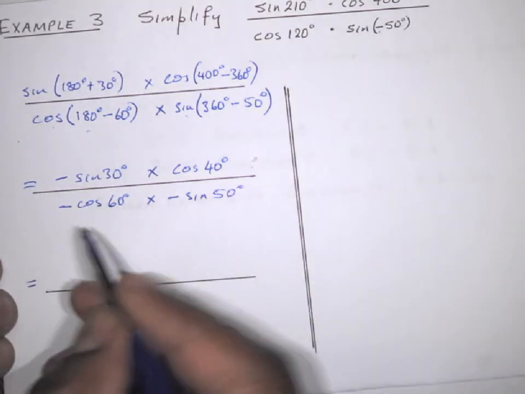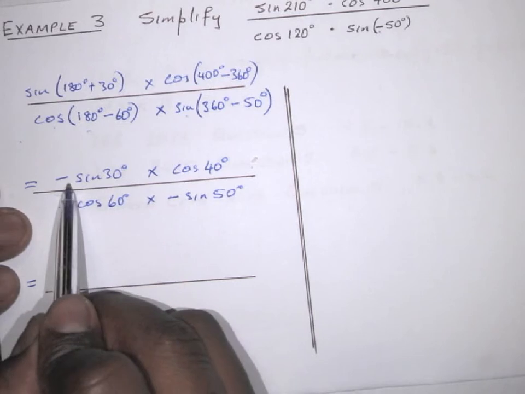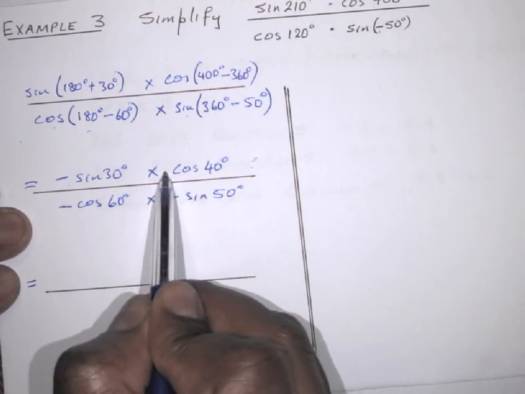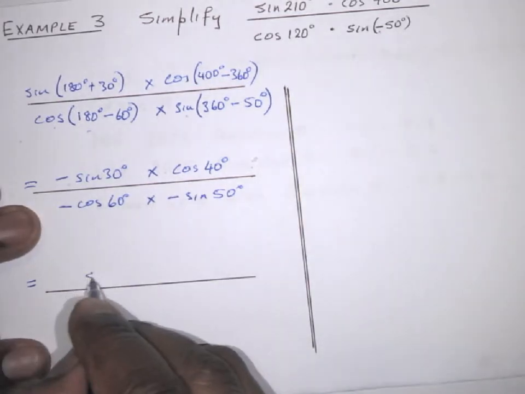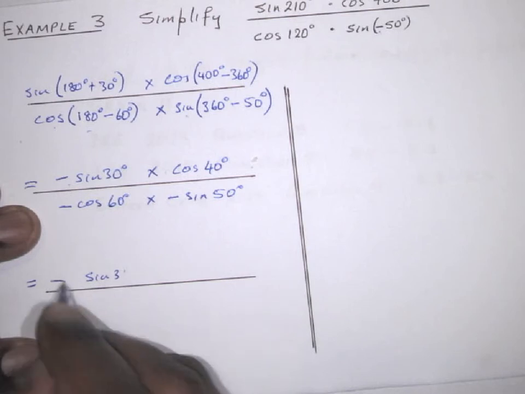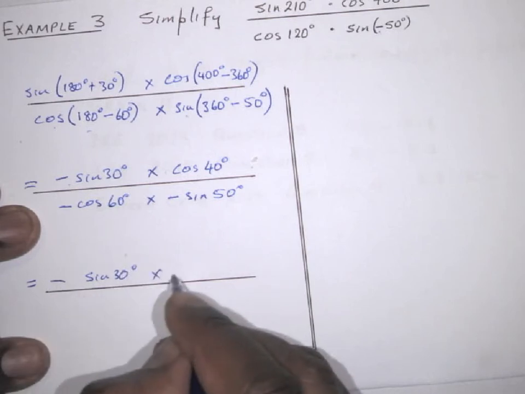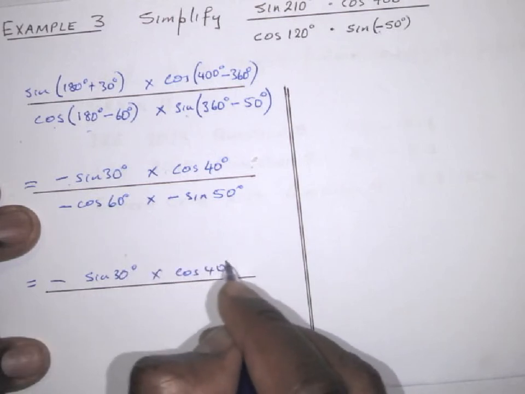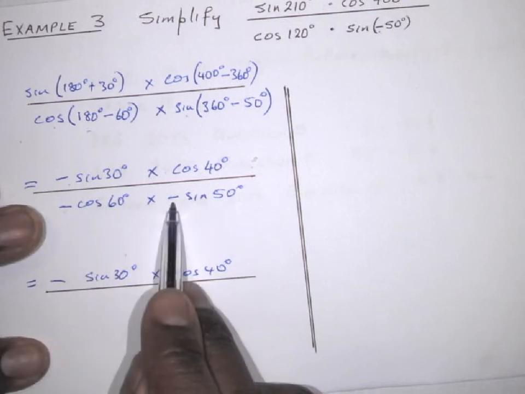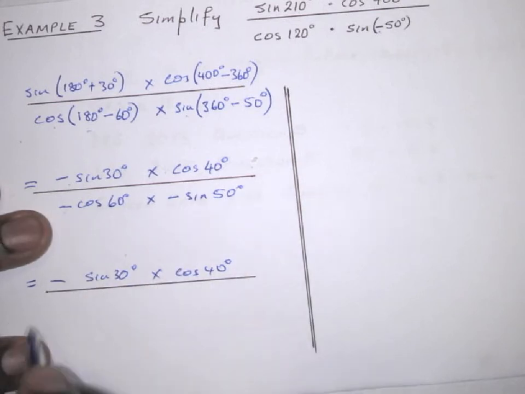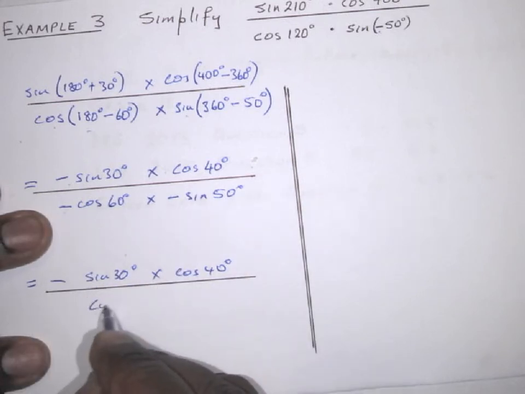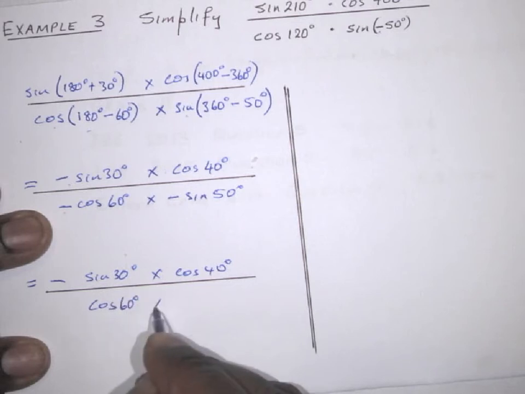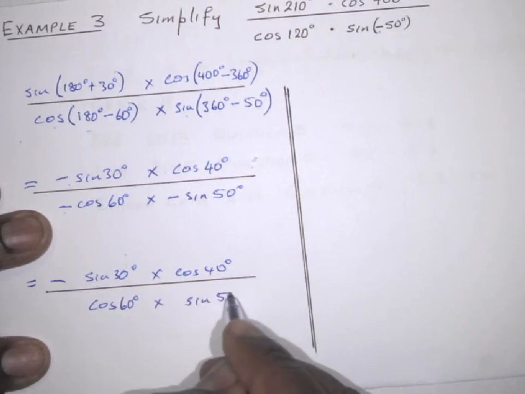Now I'm left with the negative times a positive, which is a negative. So on top I'll get a negative sine of 30 degrees times a cos of 40 degrees. But at the bottom, a negative times a negative will give us a positive answer. So at the bottom, I've got a cos of 60 degrees multiplied by a sine of 50 degrees.